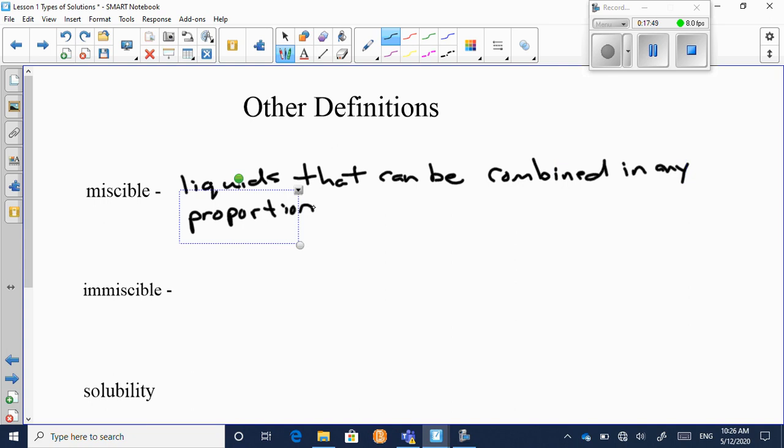Okay? And what that means is that you could take any combination of the two liquids and combine them, and they would mix. A good example of this is ethanol, which is one type of alcohol, ethanol in water.